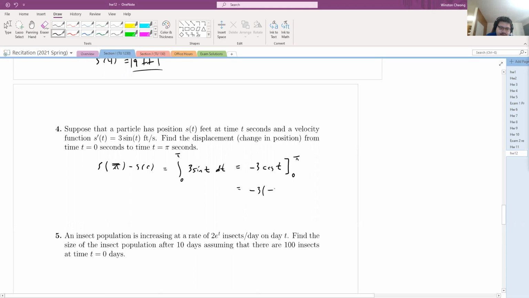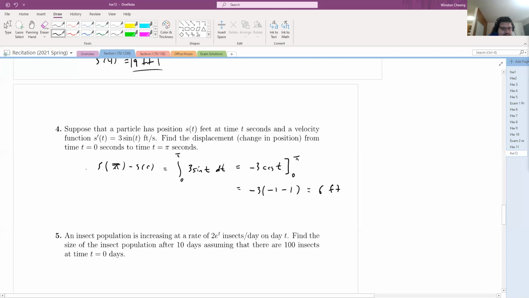Cosine at pi is going to be -1, and at 0 is going to be +1. But since we are taking the difference of the two things, we end up with another -1. And so then this ends up being 6. And our units in this case should be feet.